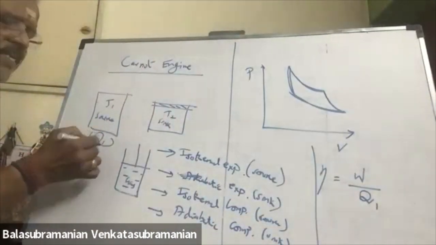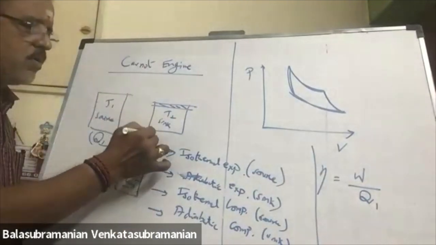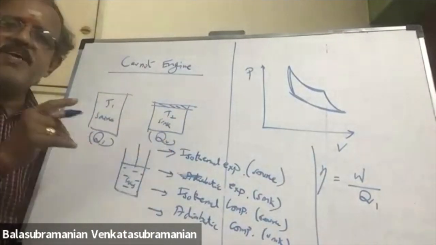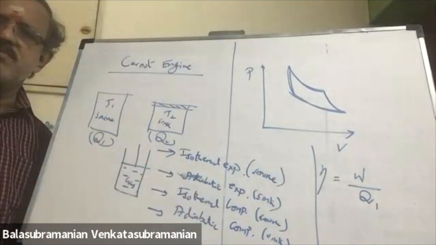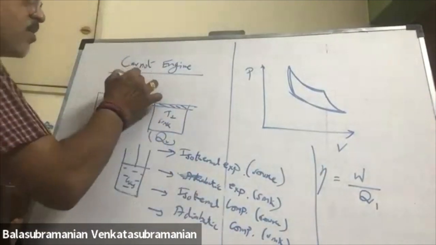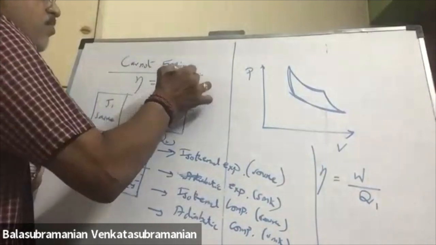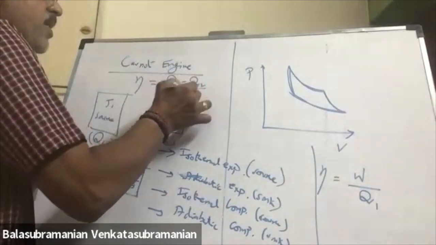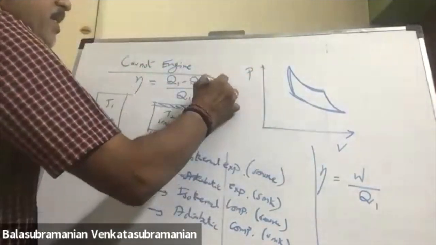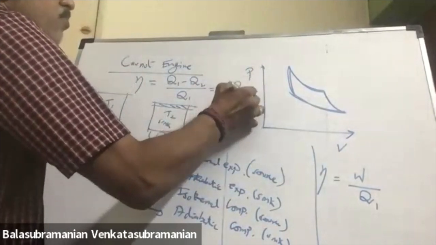Q1 is the amount of energy you have taken. Q2 is the amount of energy you have rejected. Then what is the work done? Q1 minus Q2 by Q1. So I can write 1 minus Q2 by Q1.